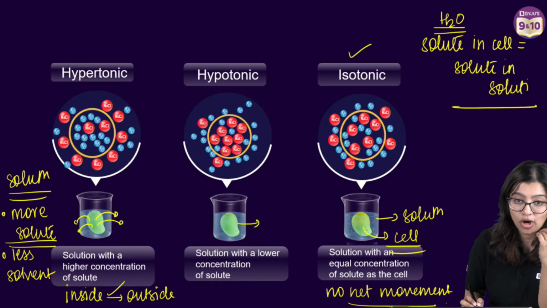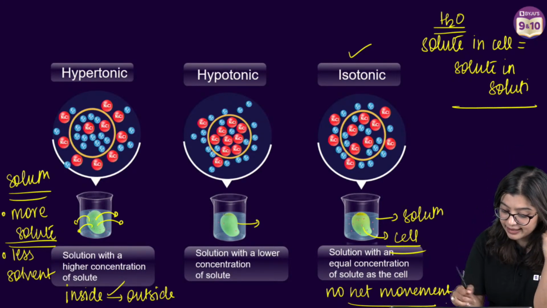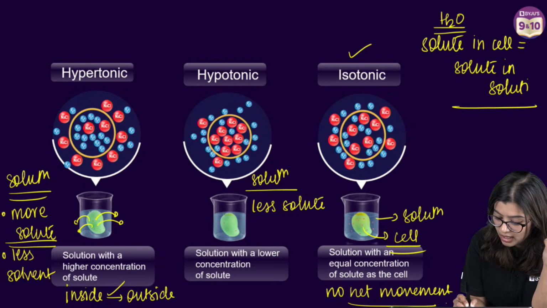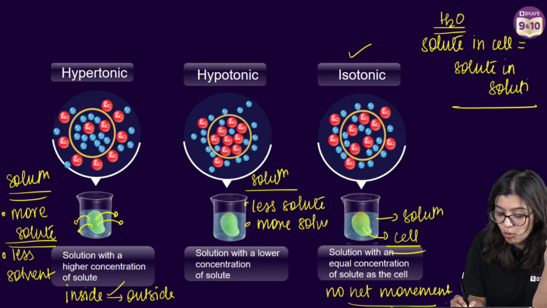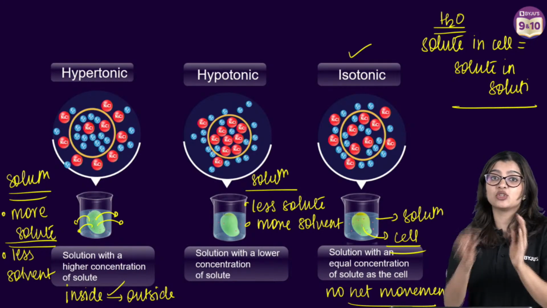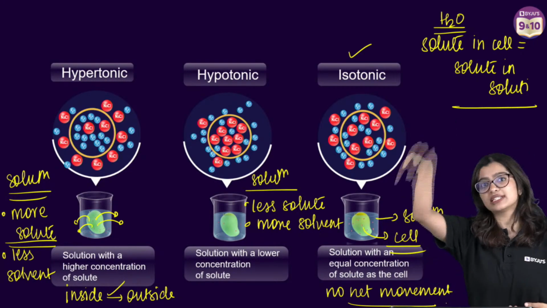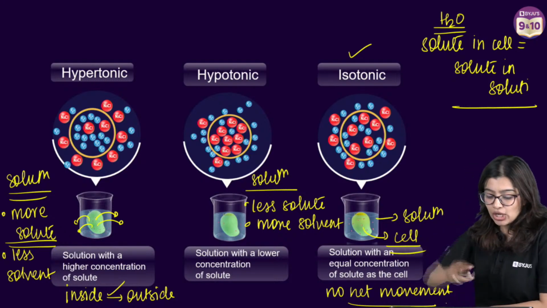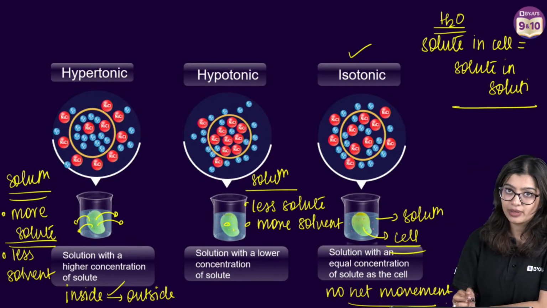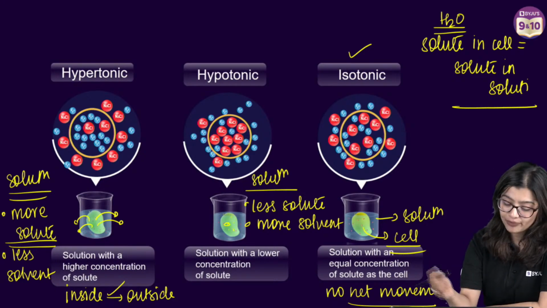While in hypotonic, what will happen? The solution will have less solute. If it is less solute, it means more solvent. And remember, this more or less solute I am saying is in comparison to the cell I am putting inside it. So inside my cell there is less water, while outside there is more.